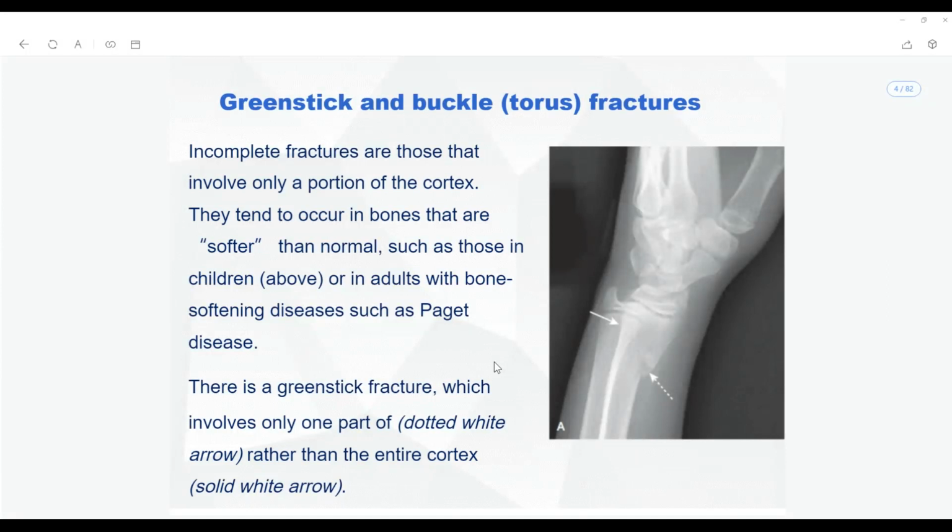A fracture is the discontinuation of the periosteum. The clinical definition: discontinuity in the periosteum of the bone is called a fracture. When the periosteal membrane is disrupted, it is called a fracture. So disruption or disturbance created in the periosteal layer of a bone is called a fracture.